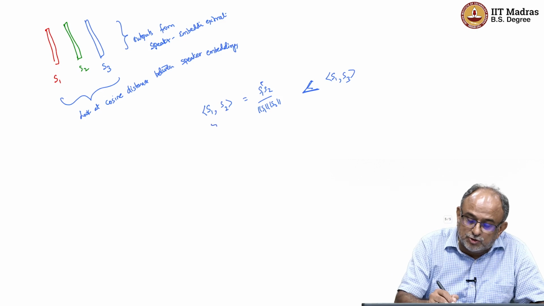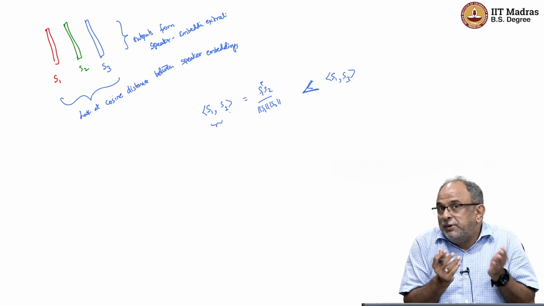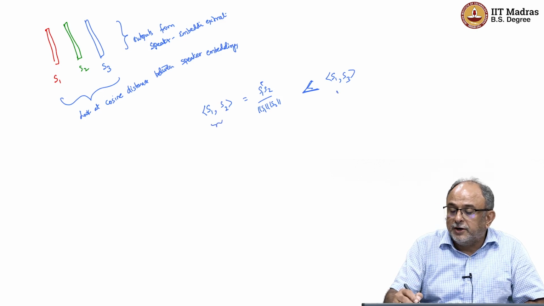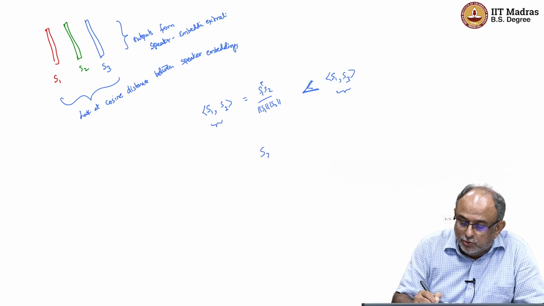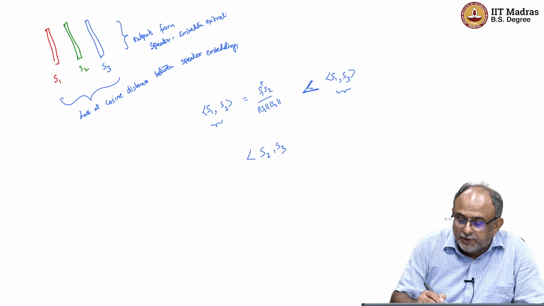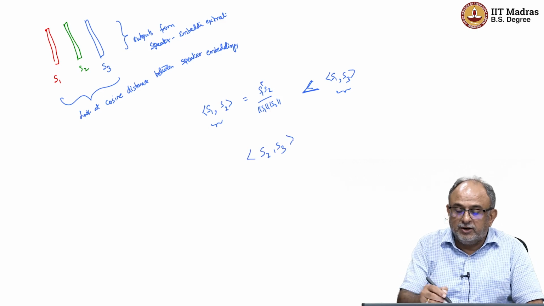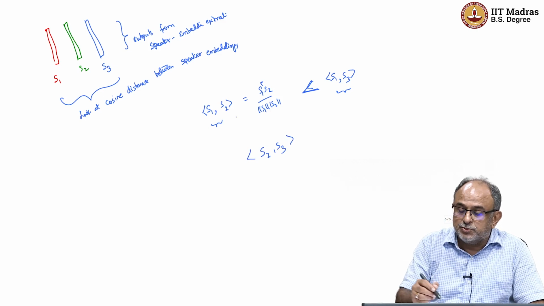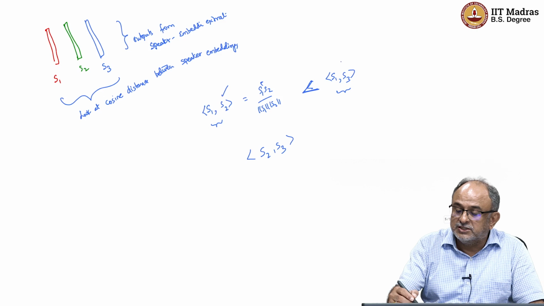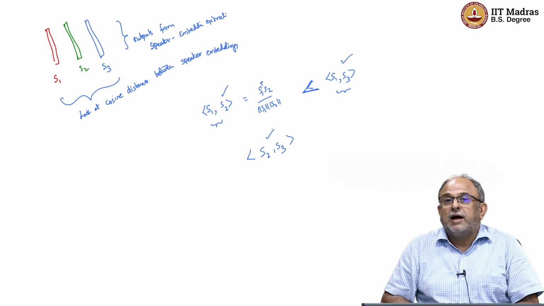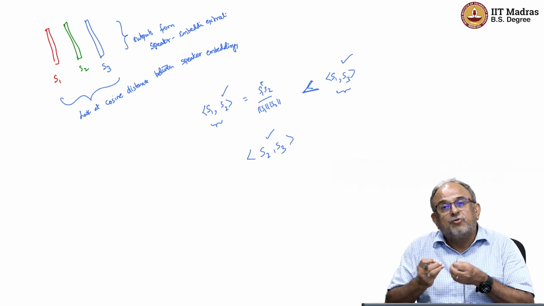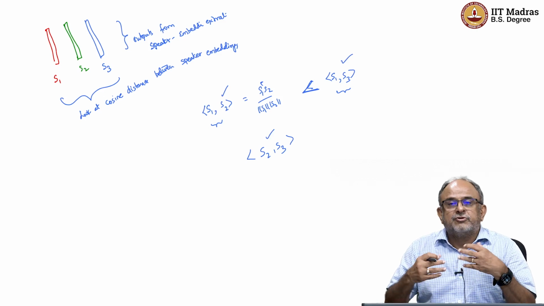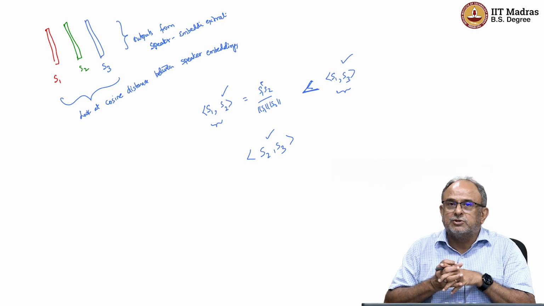So, S1 and S2 are closer to each other, maybe they are coming from the same speaker, compared to S1 and S3. Similarly, I can compare S2 and S3. Now I have 3 measurements: S1, S2 cosine distance, S1, S3 cosine distance, and S2, S3 cosine distance. I take whichever is the minimum and say those two vectors are very similar to each other. So, this is essentially what we mean by cosine distance.